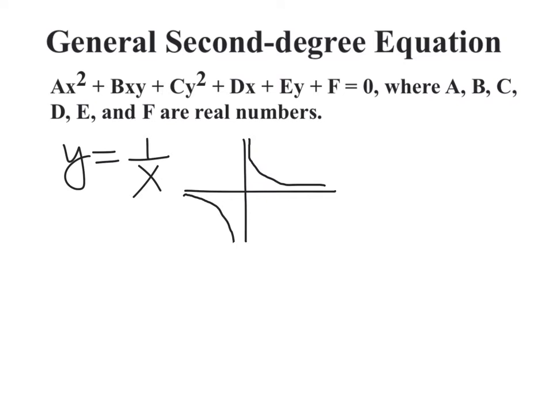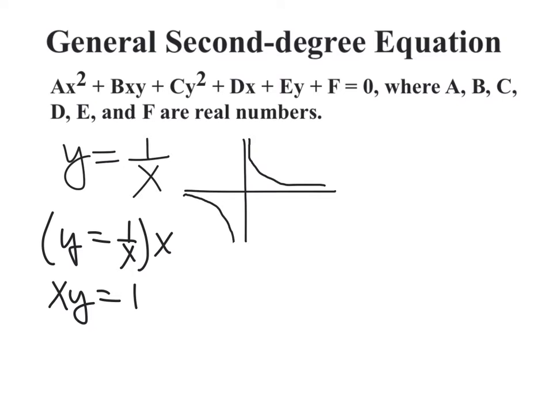If we rewrite the equation, let's multiply by x on both sides. We get xy equals 1, and then subtract 1 from both sides. We actually see the form of our general second degree equation. B equals 1, and F would be negative 1, and all the other coefficients would be 0.